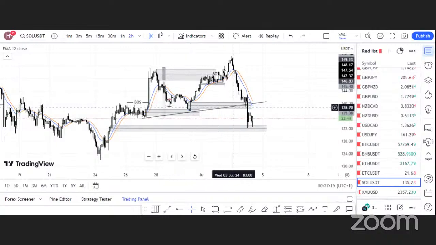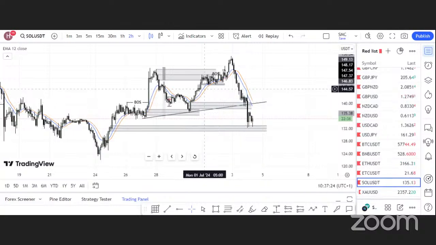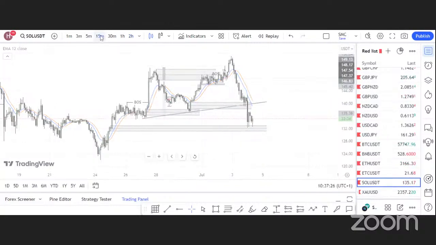So I drew out the fair value gap and said if the market gets to this level, the market is going to buy for a little time. Yes, the market did buy for a while.